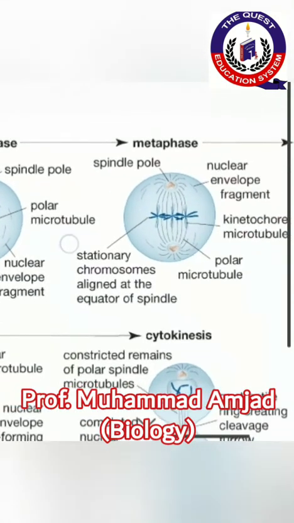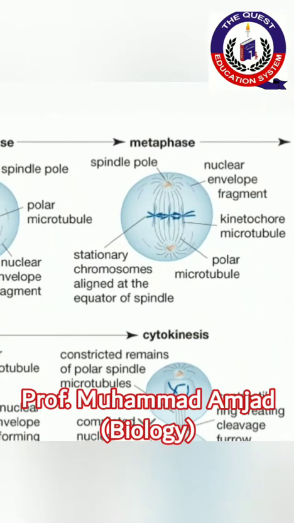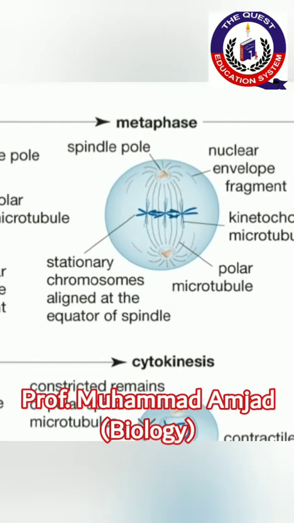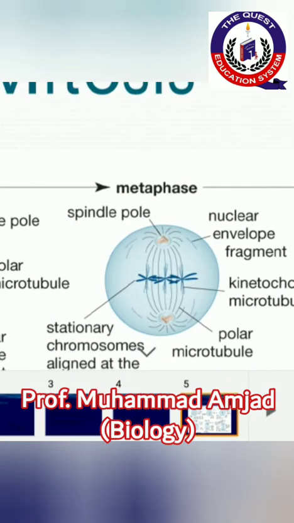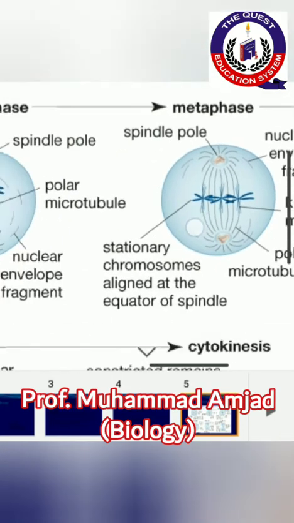Next is metaphase. In metaphase, chromosomes are arranged in the center at the equatorial plate, as you can see. The main change during metaphase is only the arrangement of chromosomes on the spindle fiber, and individual chromosomes are arranged.